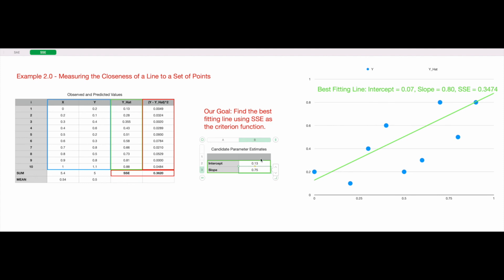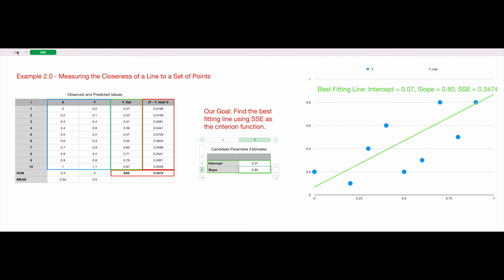So the point of all this, this last part, is to just show numerically that the two criterion functions, obviously they're mathematically different, but optimizing one criterion function does not optimize the other. And because of that, that is why we see these different lines.